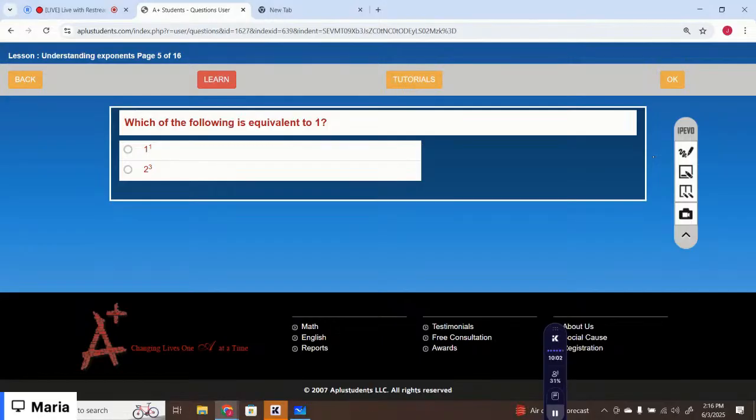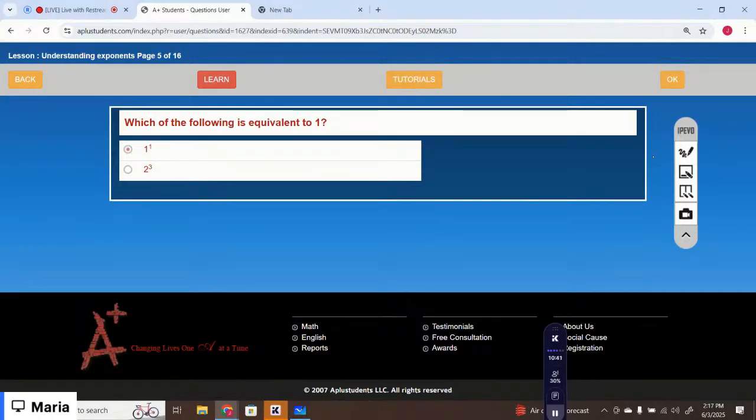Which of the following is equivalent to 1 exponent 1?